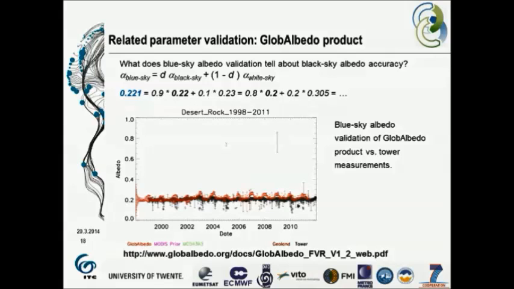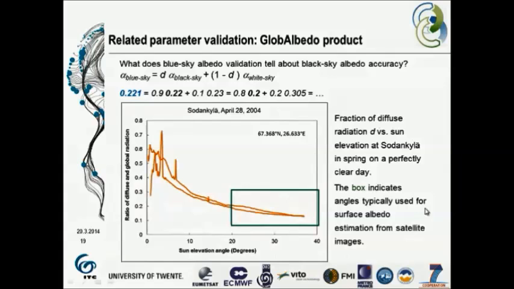Depends, of course, on the place. But one example is in Sodankylä. This was in 2004, a perfectly clear day. And as Sodankylä is north of the polar circle, the sun is always relatively low down, but the albedo retrievals are restricted to this 20 degrees elevation or 70 degrees zenith angle.